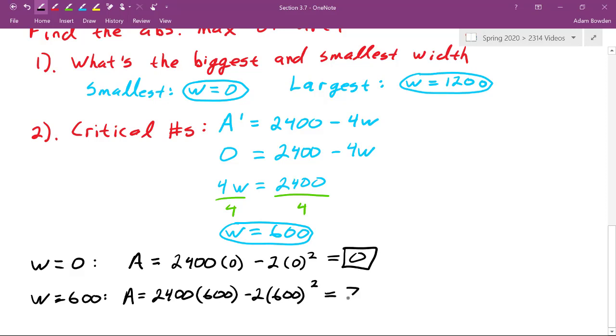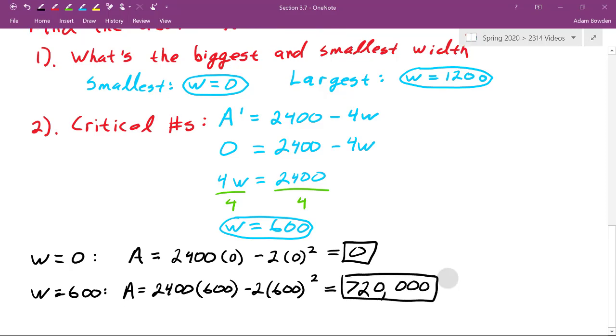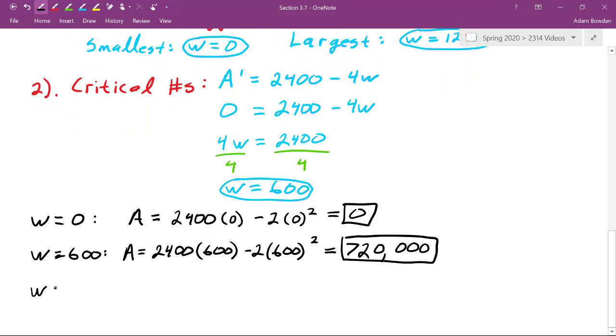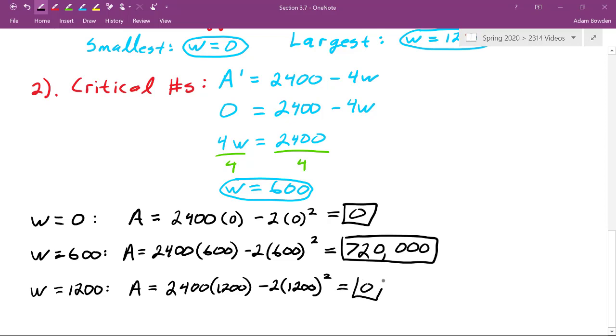That comes out to be 720,000. That looks like it's probably going to be the largest, because if we plug in 1,200 for W, which is the largest width we can possibly produce, it looks fairly large here, but it actually comes out to be equal to 0.